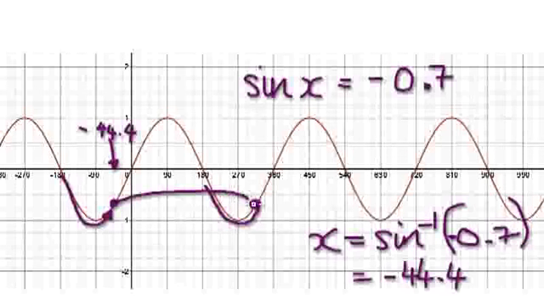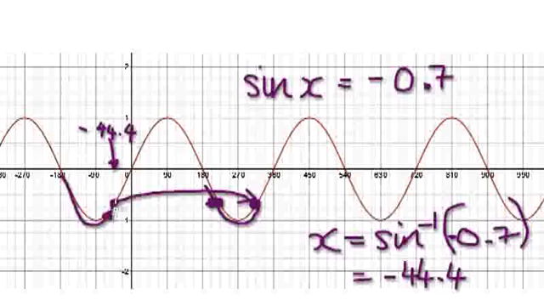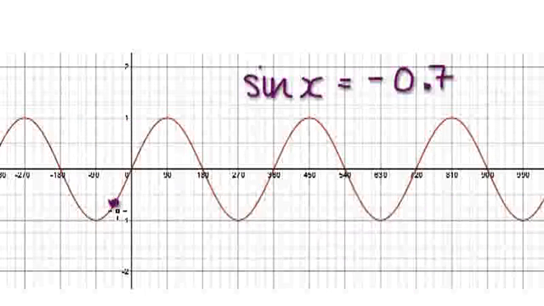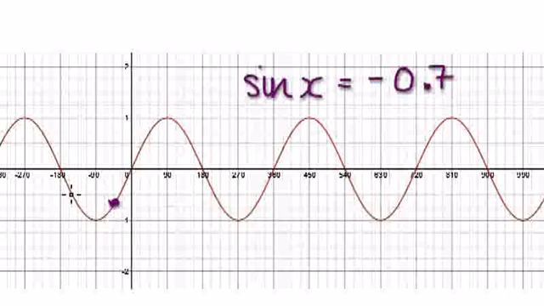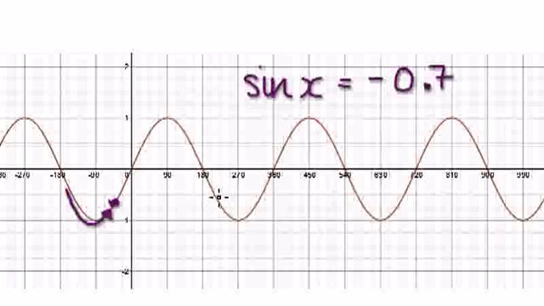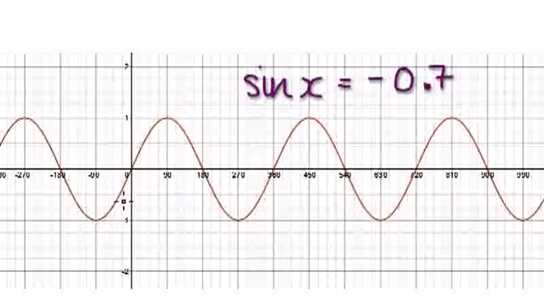Adding 360 would take you to here as opposed to here. I made a mistake earlier by jumping to here. Just imagine going down first and then up. So 360 would be here.